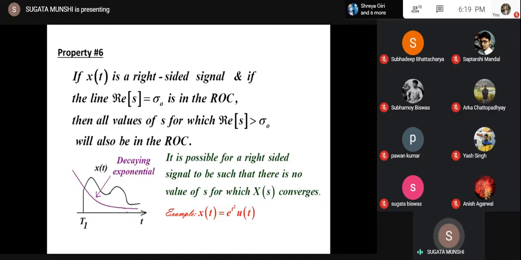The proof is similar to case 1, isn't it, of the earlier property.